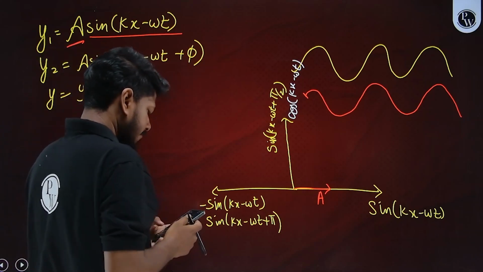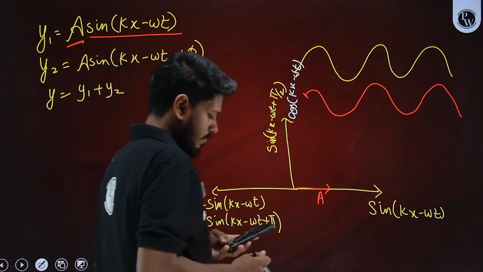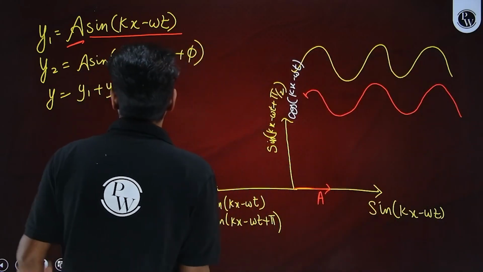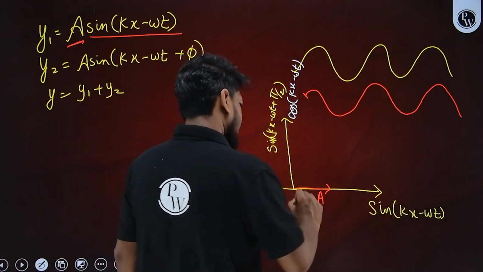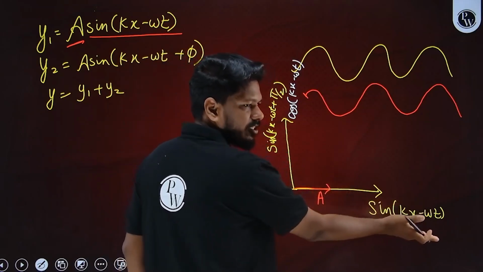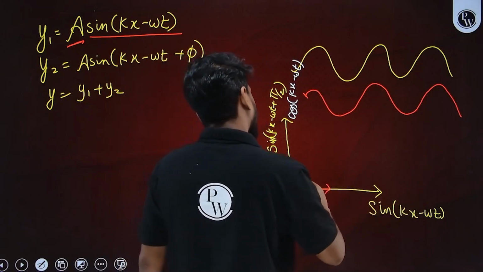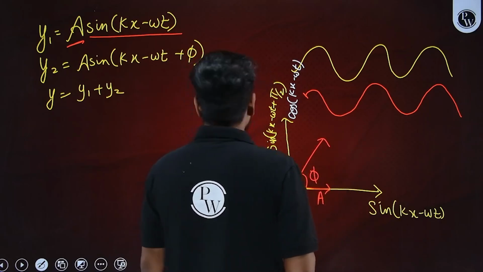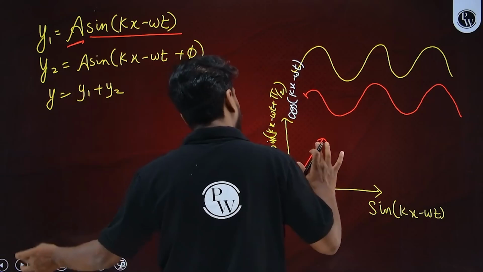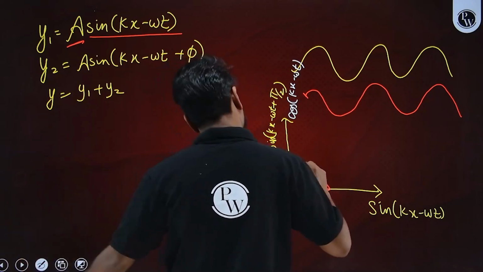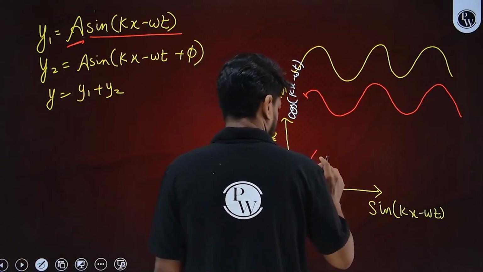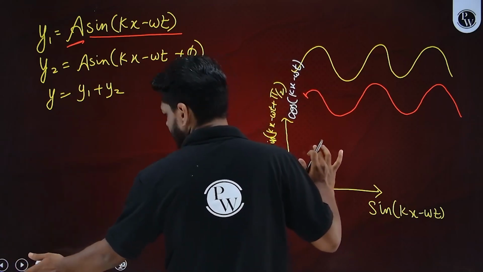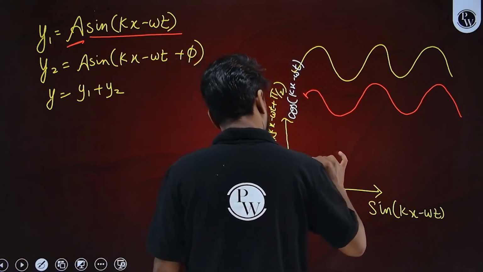Any difficulty? So what can be that angle? Some random angle. If this is sine of kx minus omega t, I can write this as phi, and the magnitude will be A. Are you able to follow? The length should be reduced.